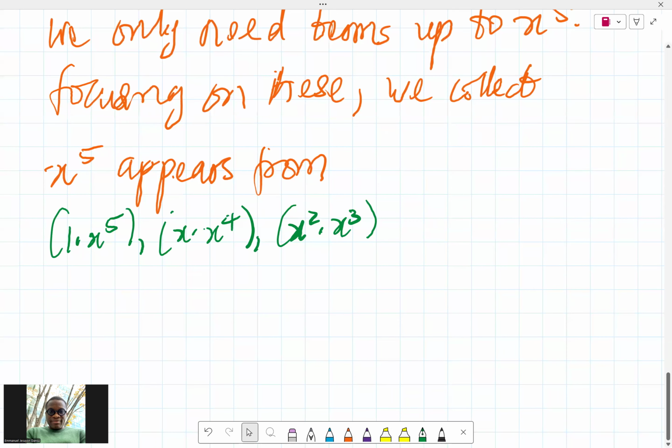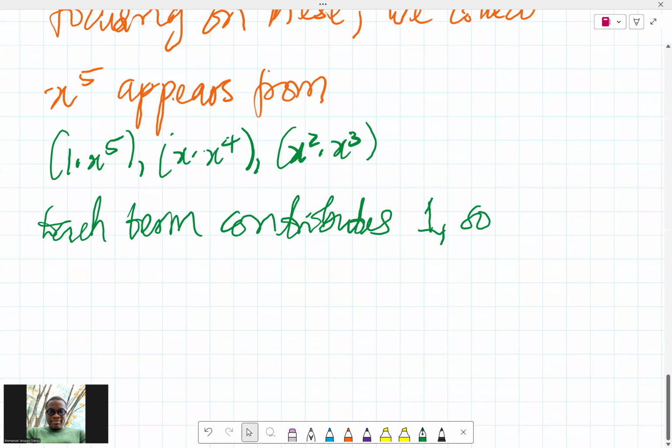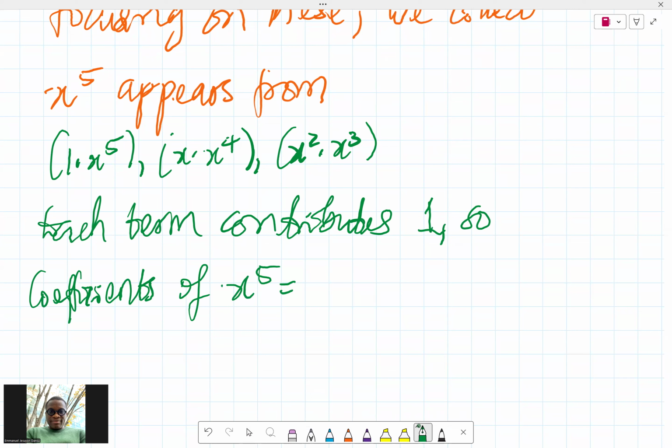So in that case, each term contributes one partition. So the coefficient of x raised to power 5 will now be 1 plus 1 plus 1, and that is 3.